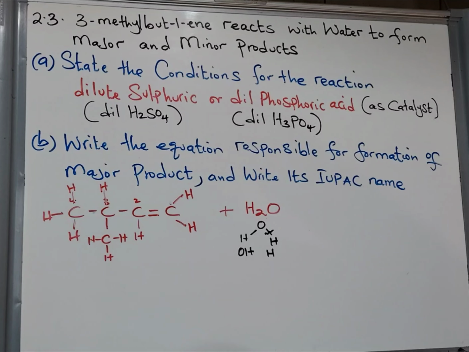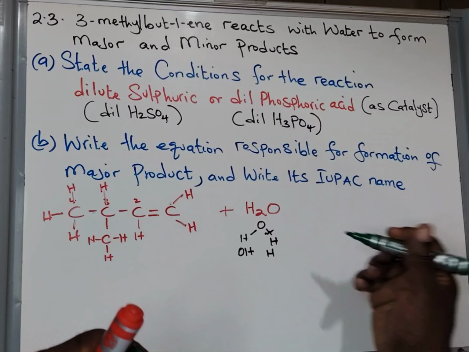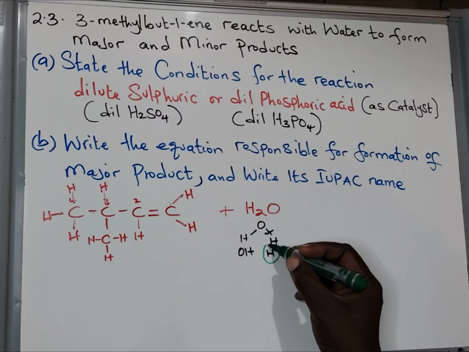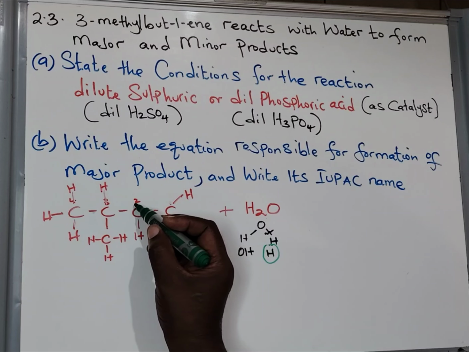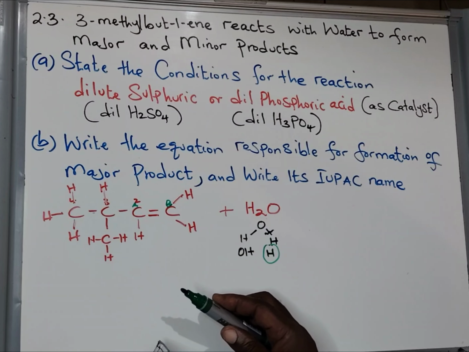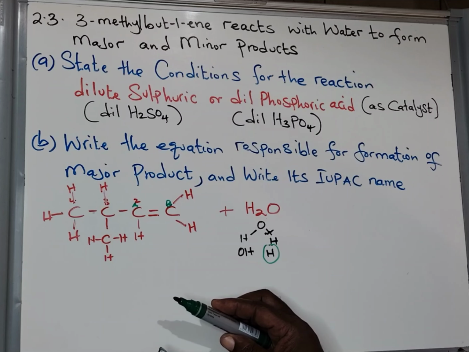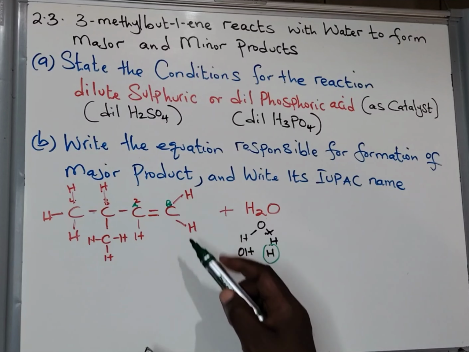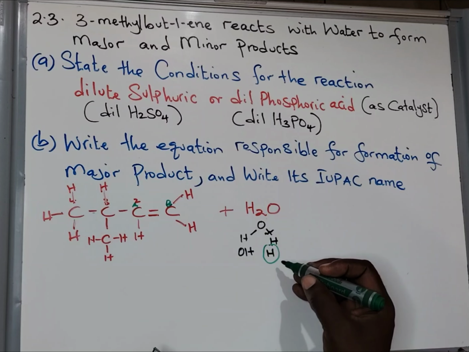Okay. What does that mean? What it means is that our H, this H, will come here and look for which carbon atom between A and B is having more hydrogen. A has 1, B has 2. What does that mean?